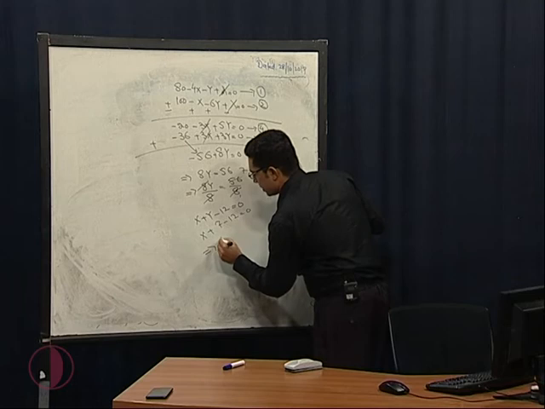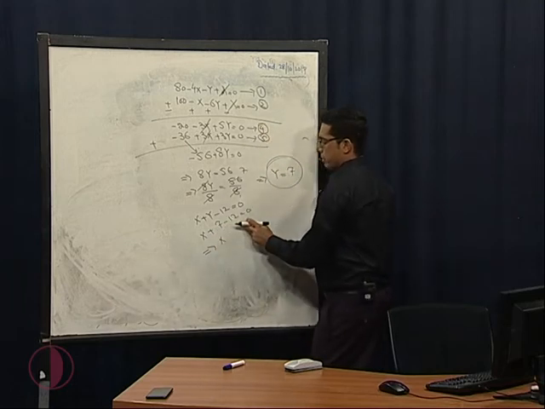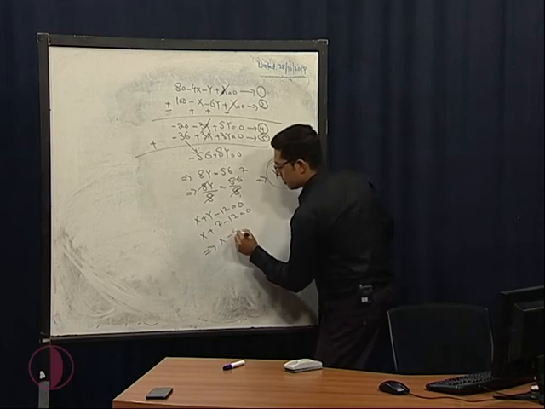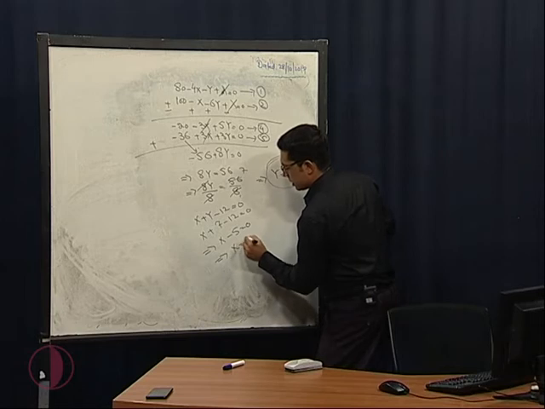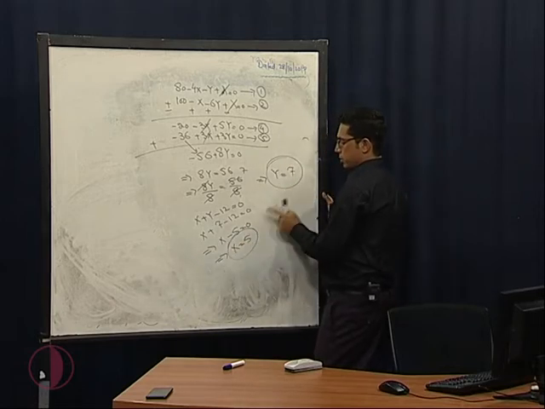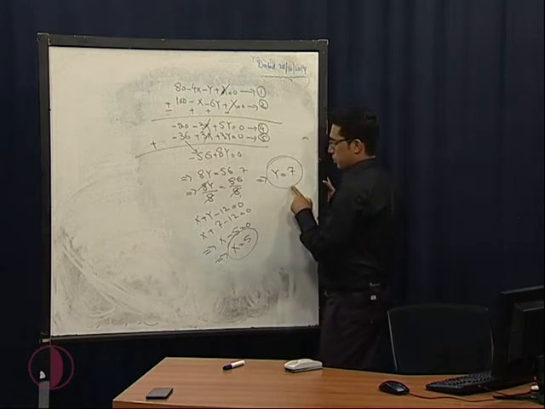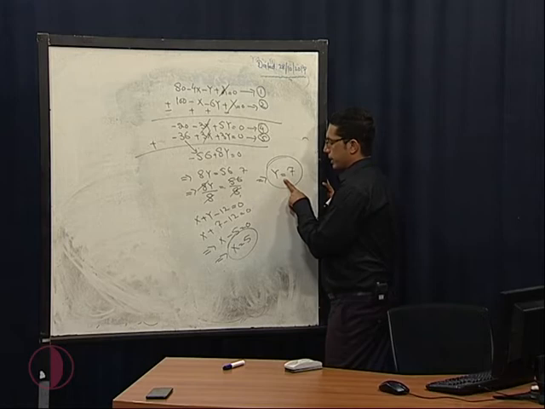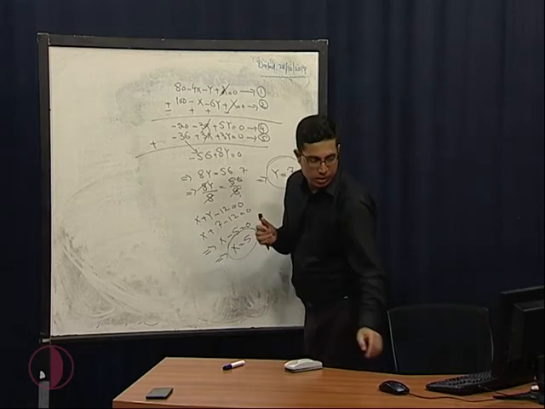This implies that x minus 5 is equal to 0, so x is equal to 5. Now this is the value of x. We derived the value of y as 7 and the value of x as 5.